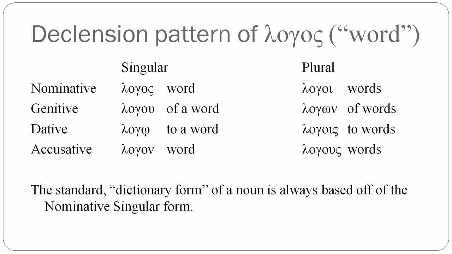Why that is the case, I'm not sure. Why they chose to do it this way, I don't know. The other thing is that even though it is the letter iota, you can think about this like the silent E at the end of many English words. We are not going to actually pronounce that.